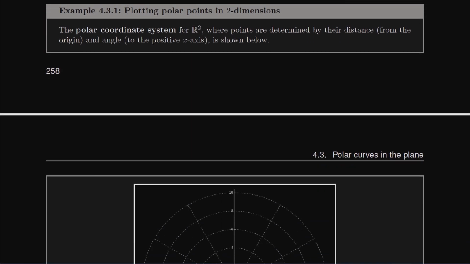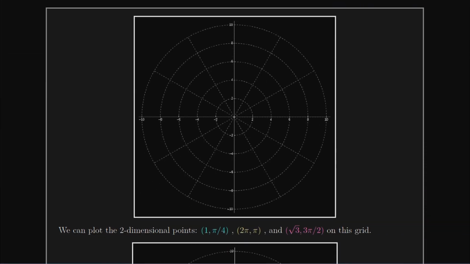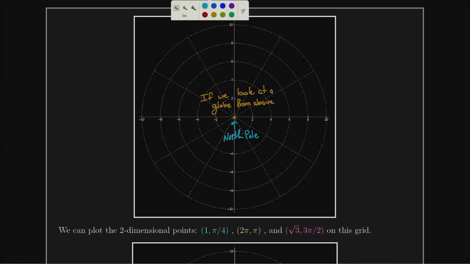Anyway, let's recall how we plotted some points using the polar coordinate system. This is what the coordinate system kind of looks like. These are our equivalent grid lines in the polar system. Of course, it tells you why it's called polar, because if we look at a globe from above, this would be like the North Pole, and all of our longitude lines would extend out from the North Pole, so these are longitudes.